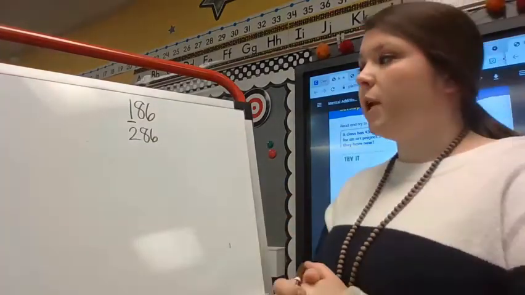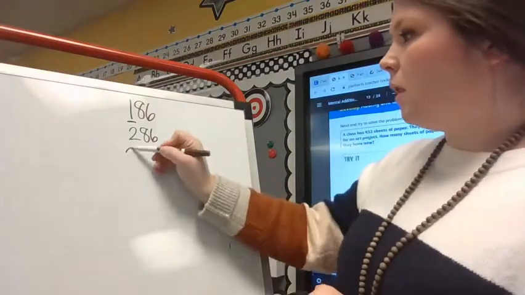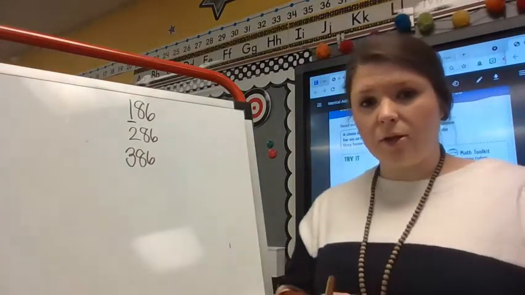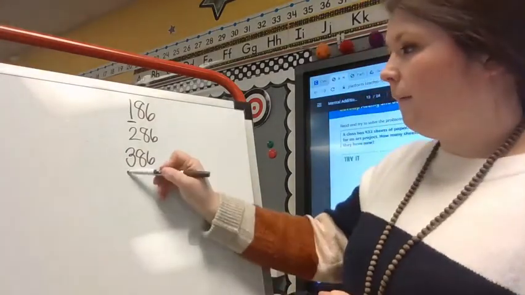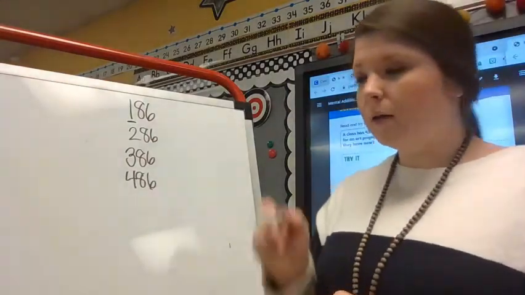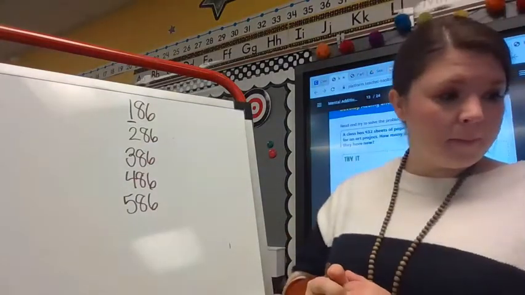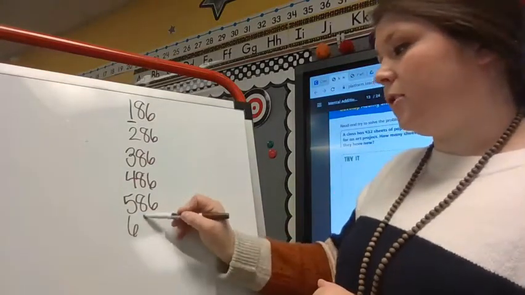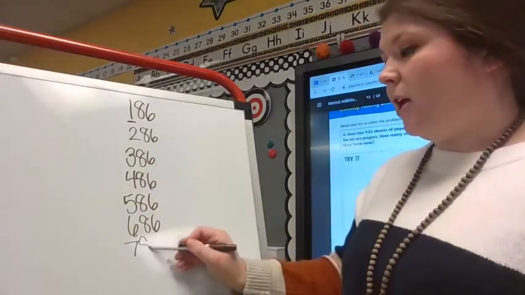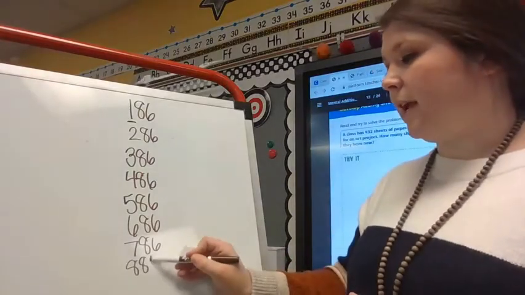286. What's 100 more than 286? 386. What's 100 more than 386? 486. 100 more. 586. 100 more. 686. 100 more. 786. 100 more. 886.